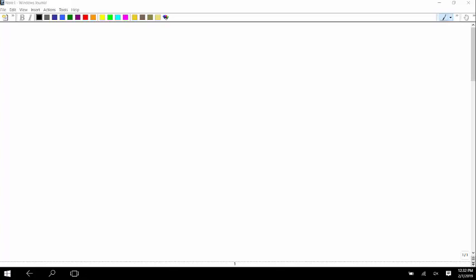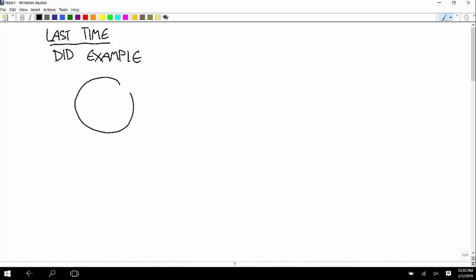Okay. So the last class was a week ago, and last time what we were doing, we're now doing rigid body statics, and we did a problem where we had an object like this.